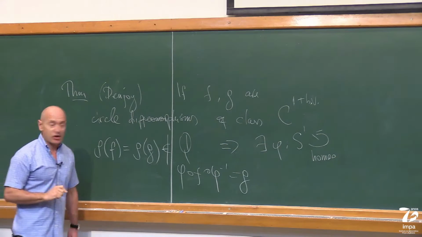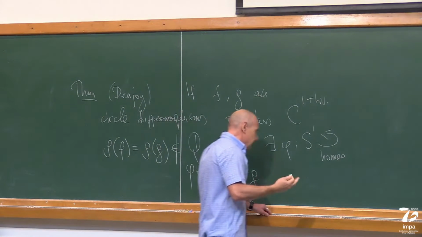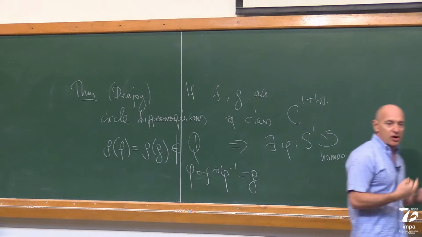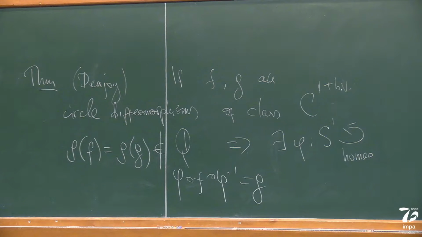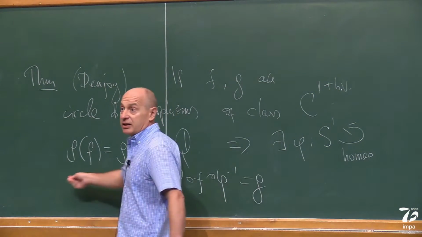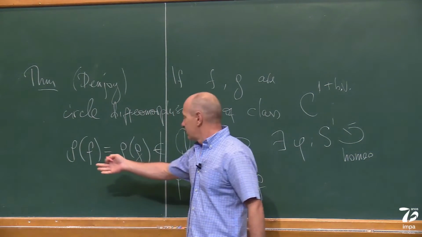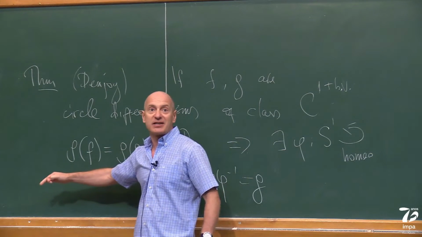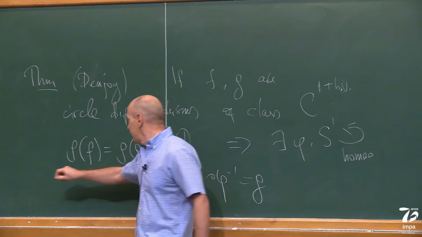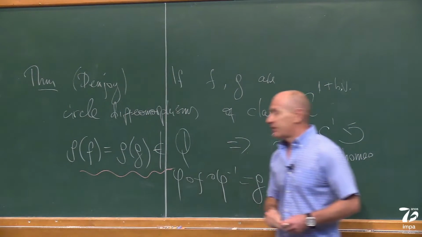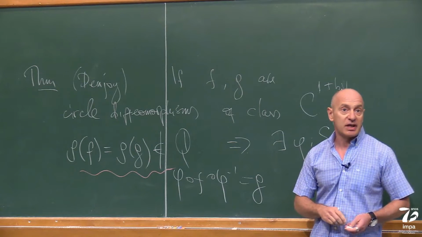When we talk about rigidity in dynamics and geometry in general, we typically mean that a weaker equivalence relation in some class of objects implies a stronger equivalence relation. That's exactly what it is. The equivalence relation here, and this is always the starting point for homeomorphisms of the circle, is that they have the same irrational rotation number.